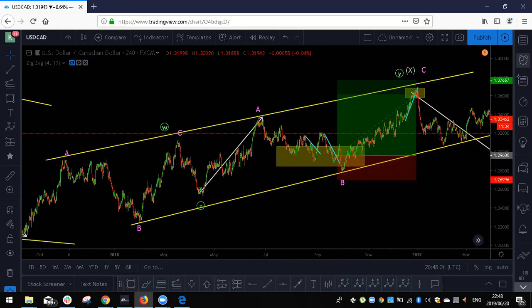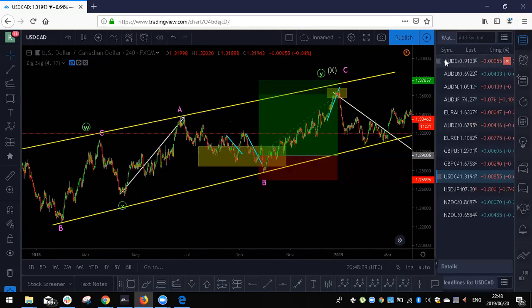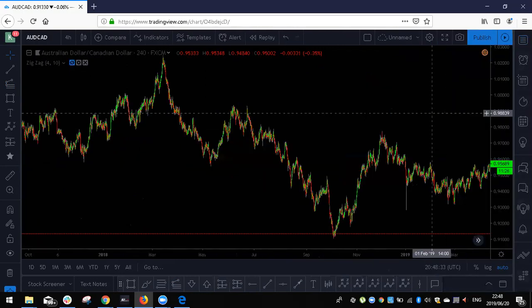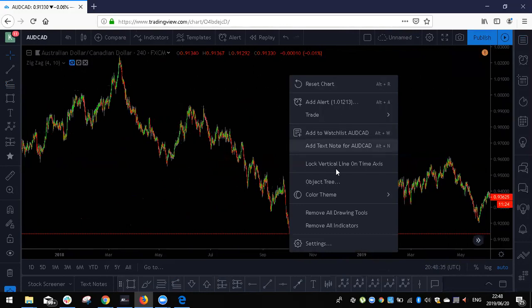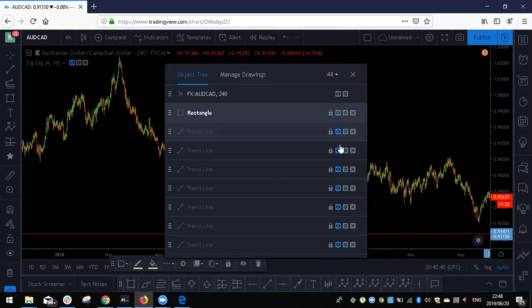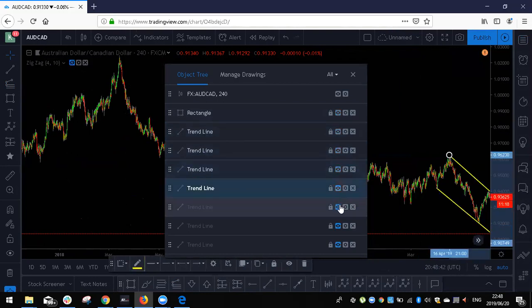On AUDCAD, I had something I wanted to show you, but I ended up not doing it. Because you remember, I had my trend lines hidden like this.